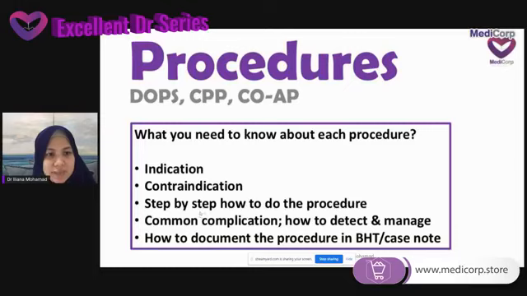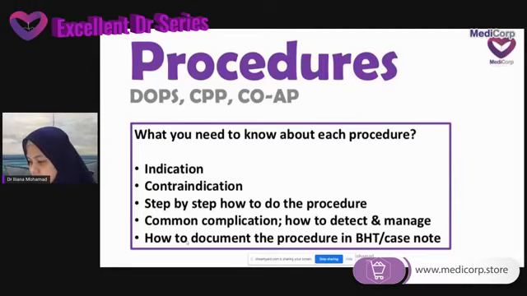Next is step by step how to perform the procedure. And last but not least, what are the common complications that might arise from the procedure, and how you can detect and manage them accordingly.